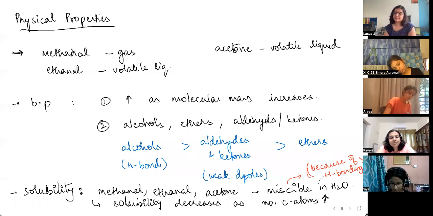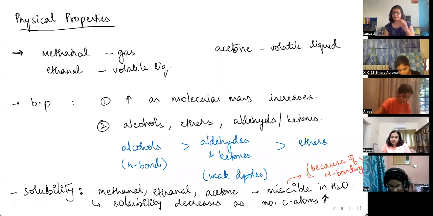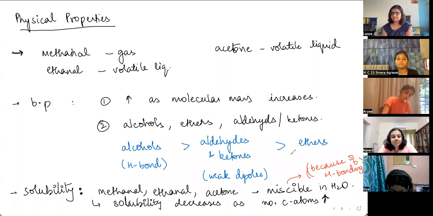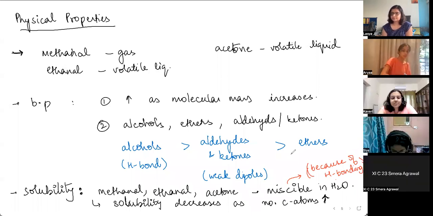So with water, they form hydrogen bonds. That's why they're able to mix easily. But if you have pure methanal or pure ethanal, you just have dipole interactions. You don't have hydrogen bonding inside them. The hydrogen bonding is with the water, not with their own selves.